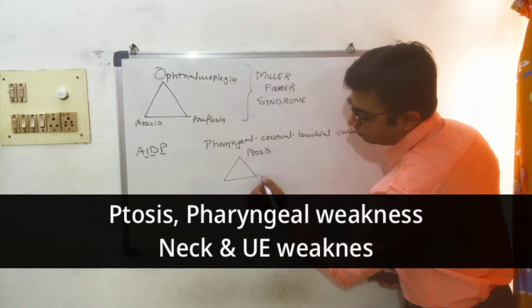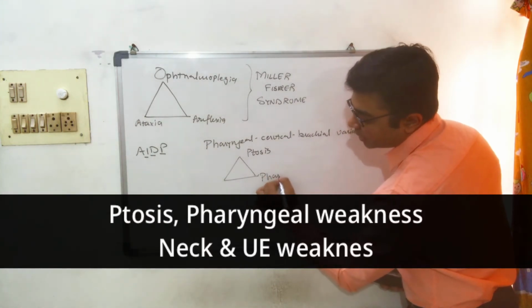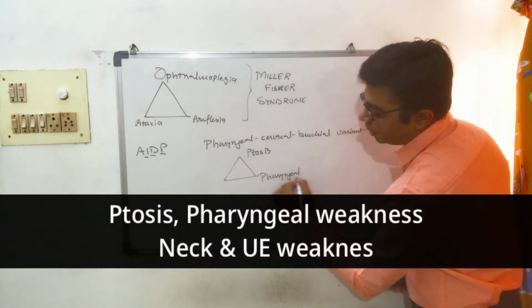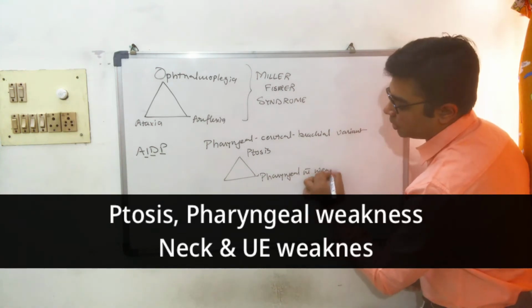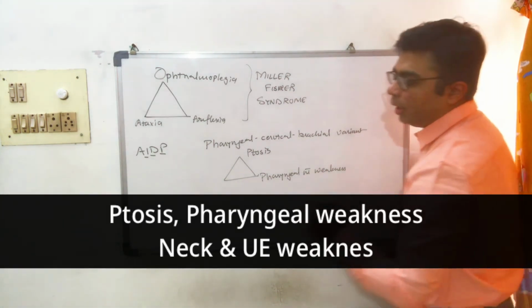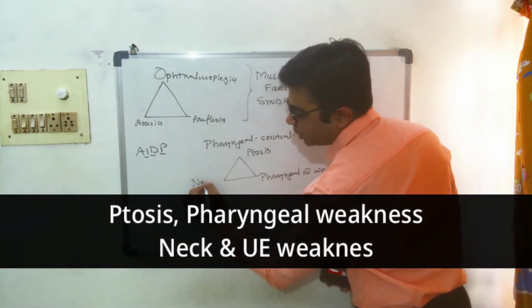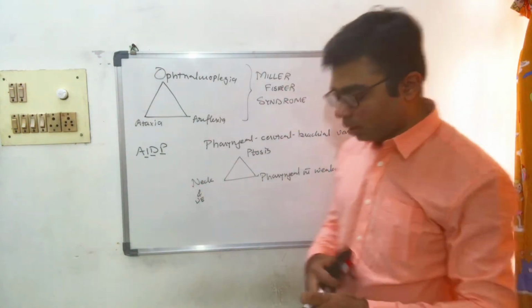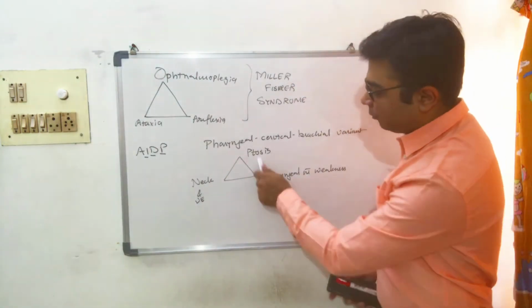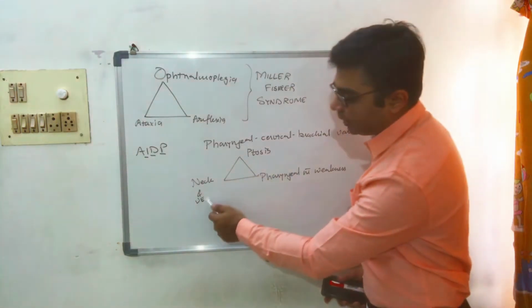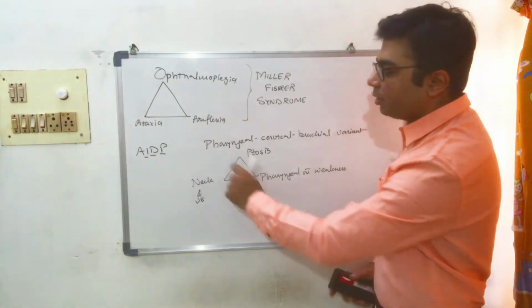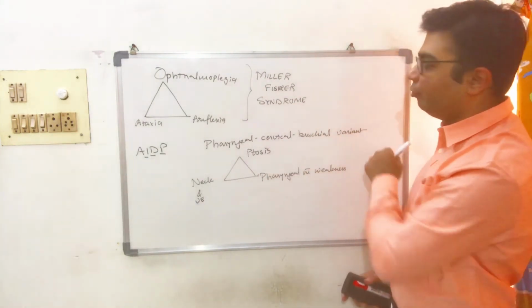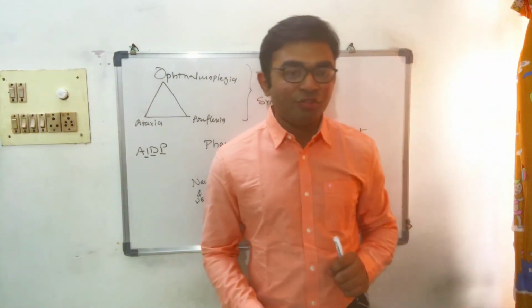Second thing is pharyngeal muscle weakness, and the last one is that weakness spreads to the neck and the upper limb, that is the upper extremity. So you see a triad of ptosis, pharyngeal muscle weakness and the neck and upper limb weakness, that is the pharyngeal, cervical, brachial variant. That is the third variant of the GBS.